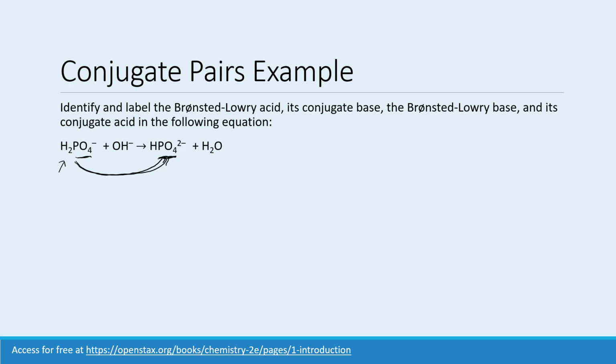Okay, and I can see that it's losing a hydrogen, right? Because it goes from H2 down to just a single H. And so if it loses an H plus, then I have to ask, does that mean that it is accepting or donating, right? And it can't be accepting it because it's losing it. So it must be donating.